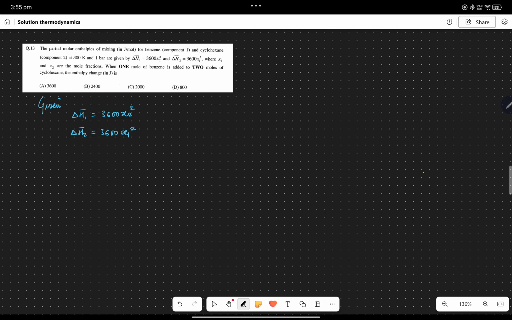And now the moles we have taken: for benzene it is 1, and for cyclohexane it is 2, right? And now we are going to use the concept that is used here.